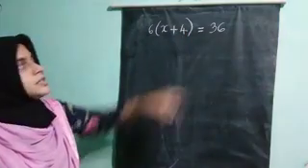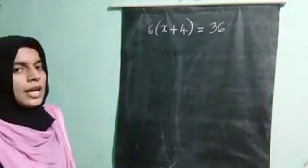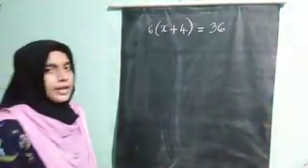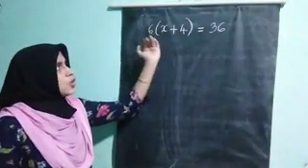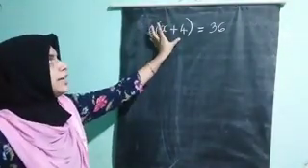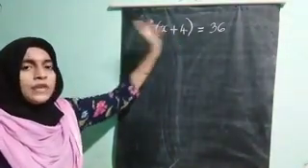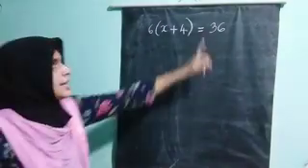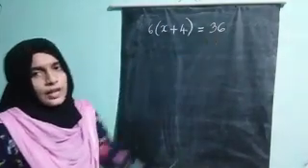So if you get this type of question, we have to expand the bracket or remove the bracket. But in this case no need of removing the bracket because we have only one term. If two terms are coming we have to expand the bracket, then solve for the variable.